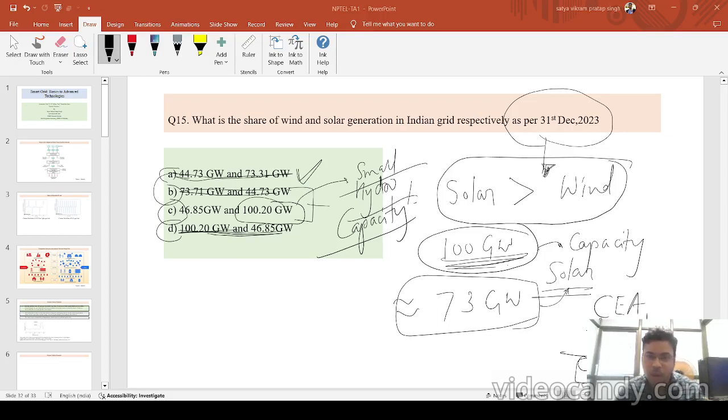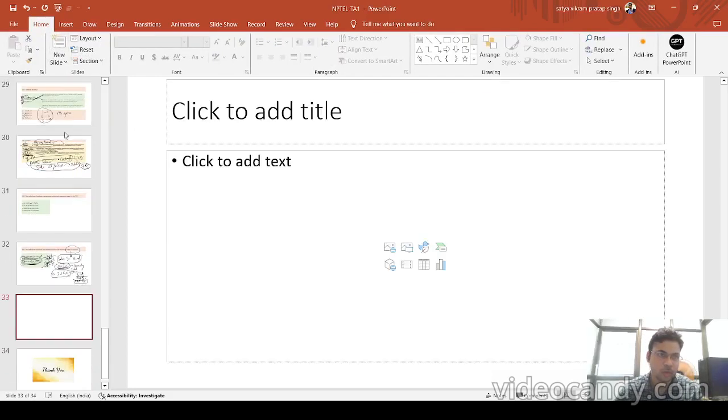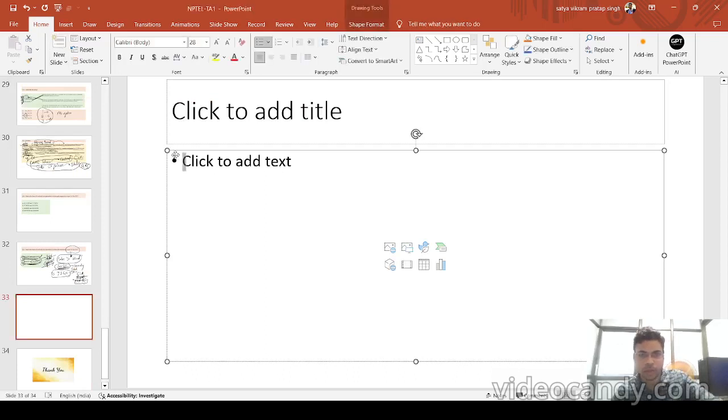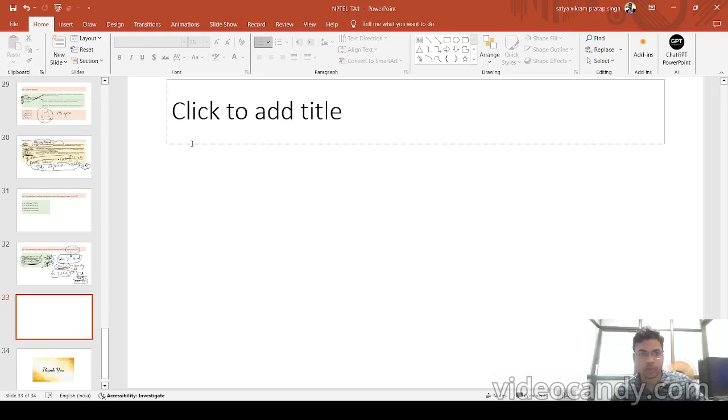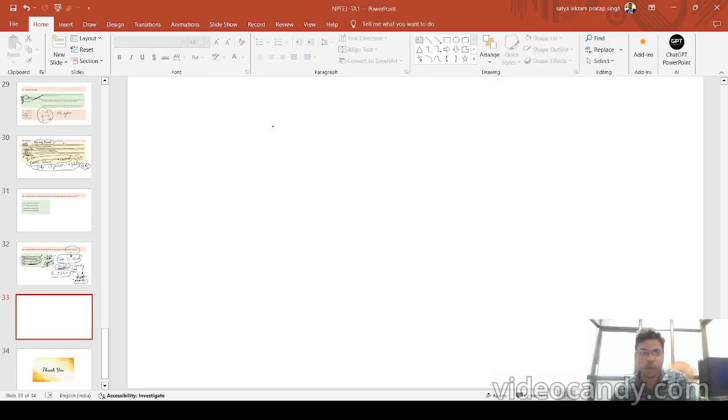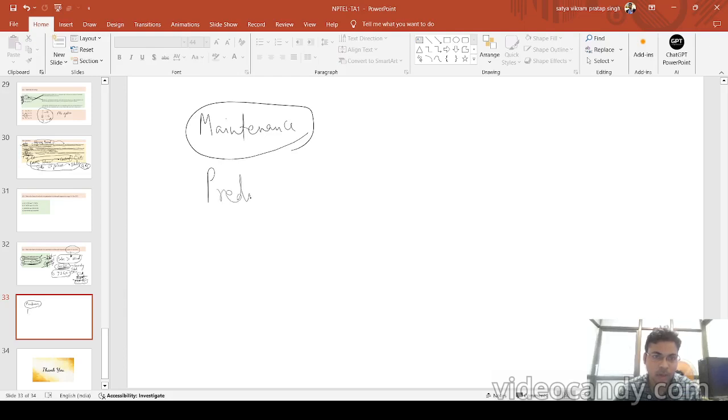Okay. Actually, for predictive maintenance, let me give one example. Let me take one slide for that. Here, this is the maintenance part.